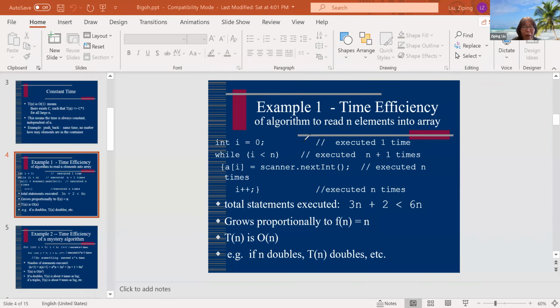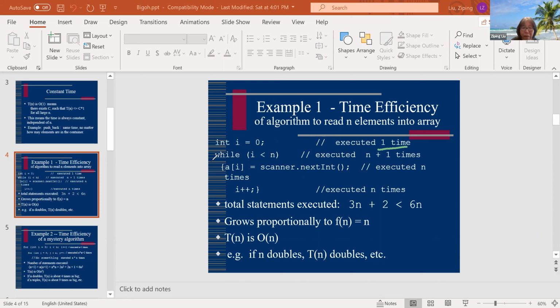So how do we analyze its time efficiency, the complexity? We count the total number of times each statement is going to be executed. For this first statement, of course, it is executed only once.